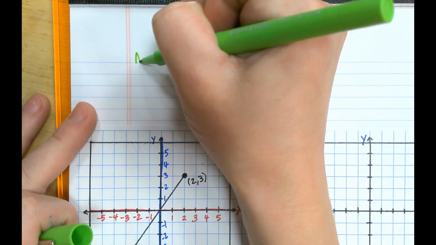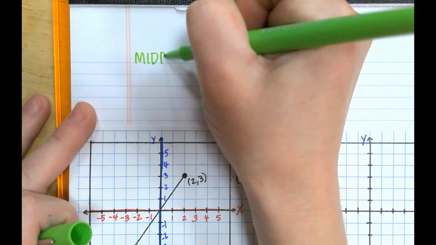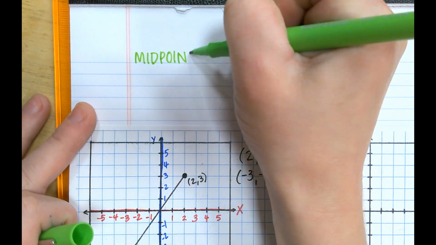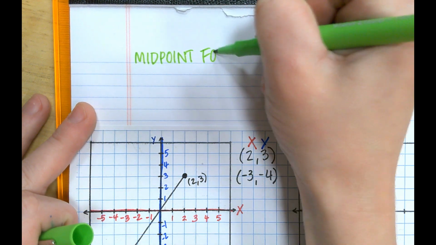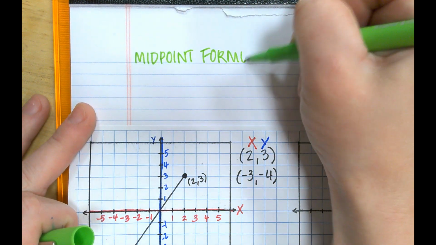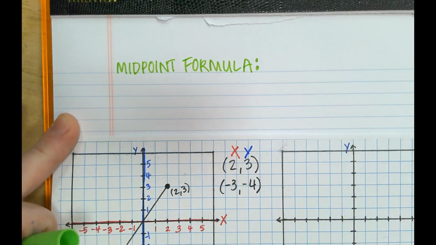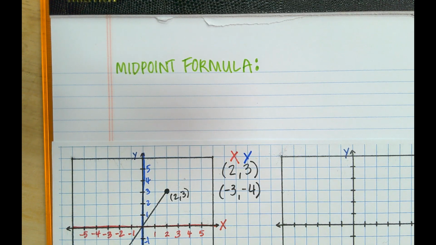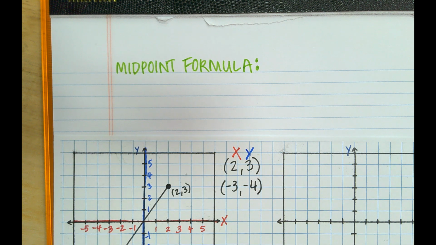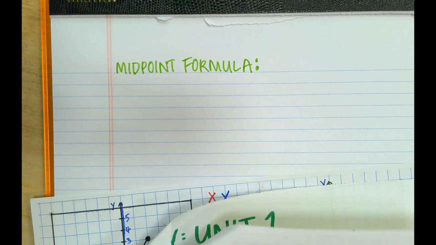I'm going to write midpoint formula. So here's the formula. The midpoint of a line segment that has been put on a graph and you know what the coordinates are, here's how we're going to do it.